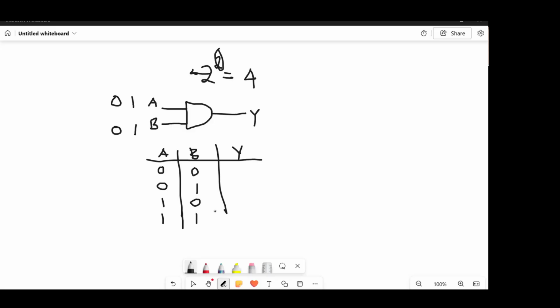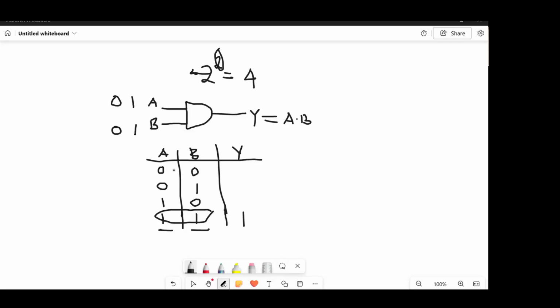Now, what we are saying basically is that the logic AND would produce an output of 1 when these 2 inputs are both 1. That is the bitwise operation using the AND. What this means basically is that Y is equal to A and B, sort of multiplying each other.